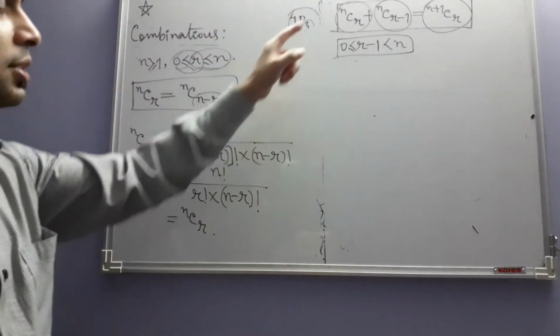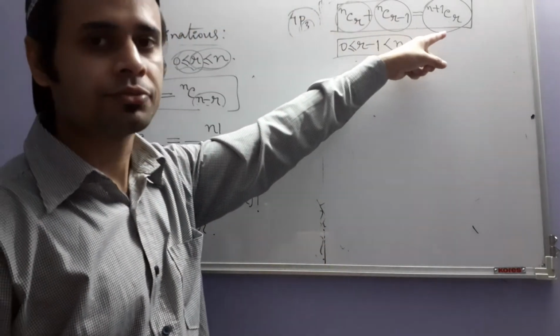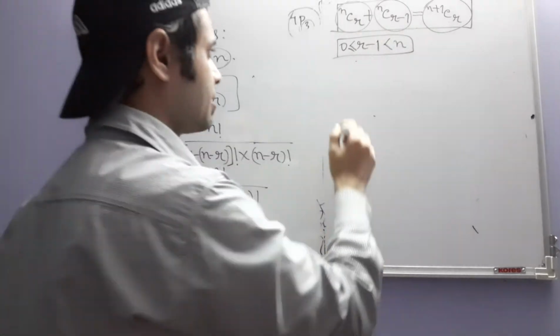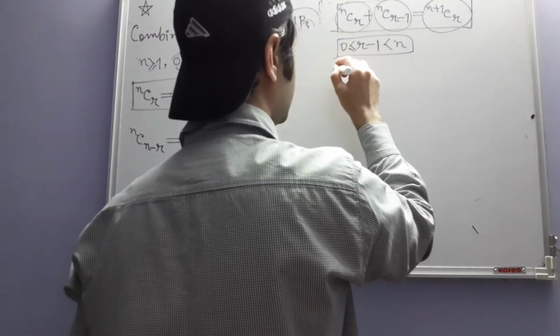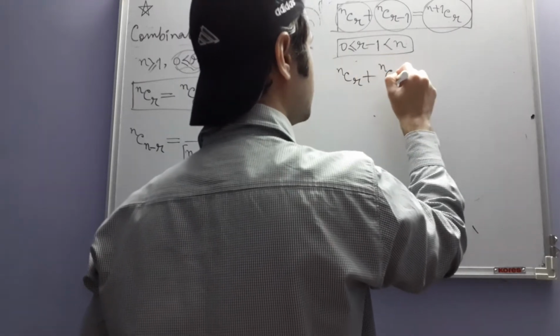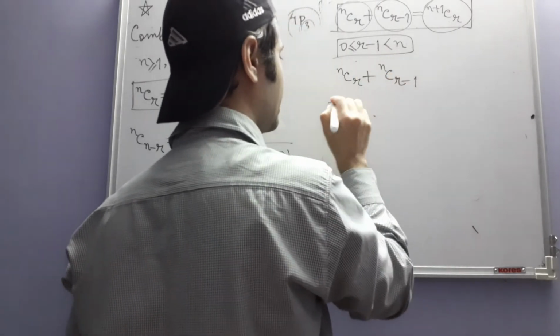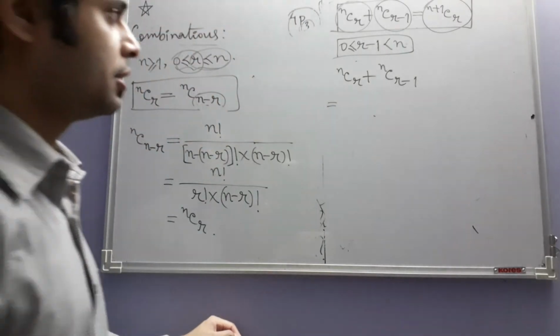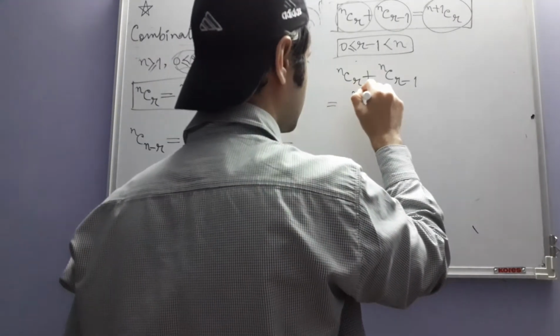But now we have to see that this formula is true. So let us verify. Let's take the left hand side: nCr plus nC(r minus 1). We directly write the formulas for these expressions.